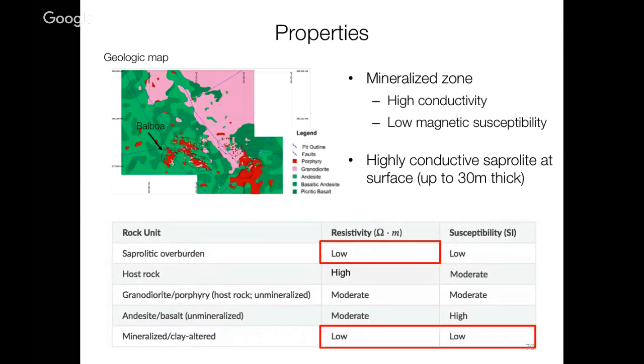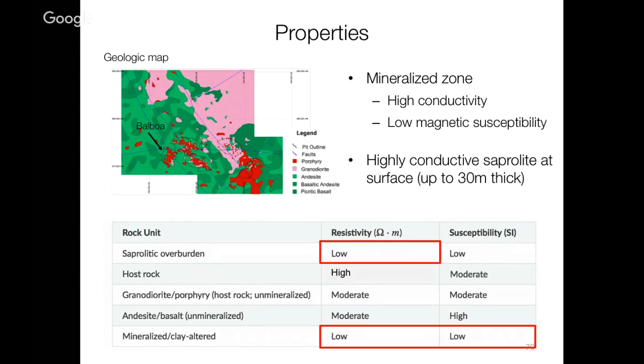The basic quantities for the mineralized zone are that it should be high conductivity and low magnetic susceptibility. Again, these alterations are eating up the magnetite, so you're looking for that kind of combination.